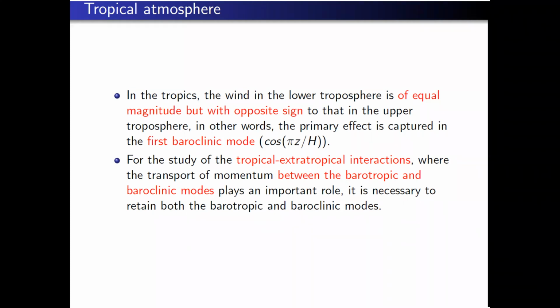thermodynamics of the moisture. So now in the tropics, it is known that in the lower troposphere, the wind in the lower layer is equal in magnitude but opposite in sign to the upper. So it's almost like shear flow.